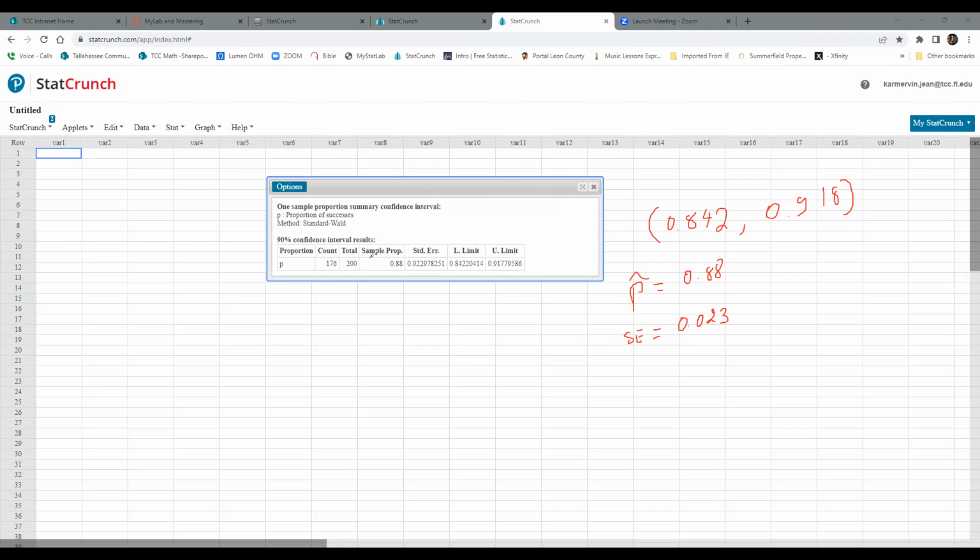Then I can say, because I was using 0.90 earlier, I'm 90% confident that the proportion is between 84% and 91.8%, that people survive, etc. Or I can say the proportion p belongs to that interval. That's one way.